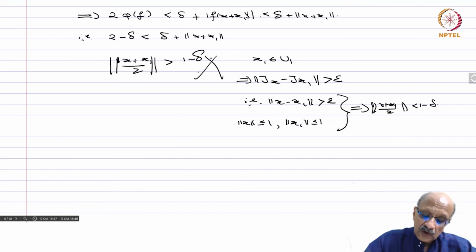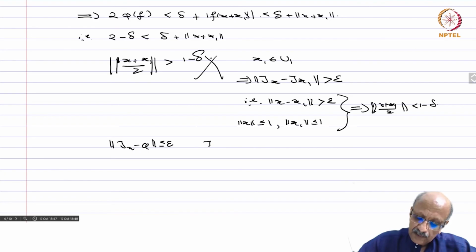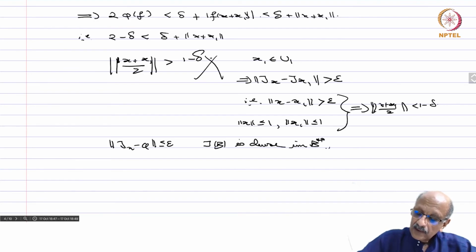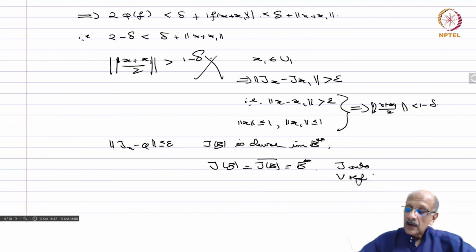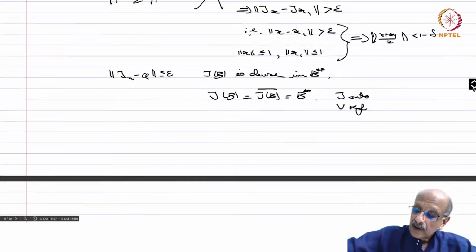Okay, so this is a contradiction, and therefore the norm of Jx minus phi has to be less than or equal to epsilon, and therefore JB is dense in B double star. But JB is closed, so JB equals JB closure, which is equal to B double star. So J is onto. So B is reflexive. Okay, so this proves the theorem completely.